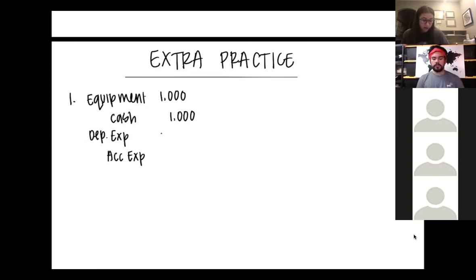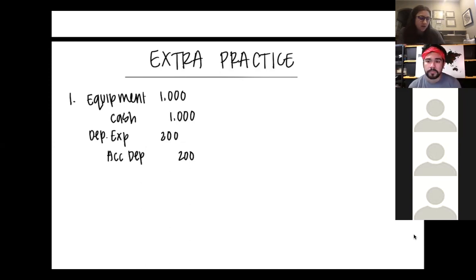They're only using the straight line method, so they're only depreciating $200 in the first year. So my assets are increasing by 1,000, but they're only decreasing by 200. You have to make sure you're paying attention to something like that. You can make these numbers up, but make sure that your accumulated depreciation, which I wrote expense, is lower than the equipment that you're purchasing in the same year. Does that make sense? Yes.